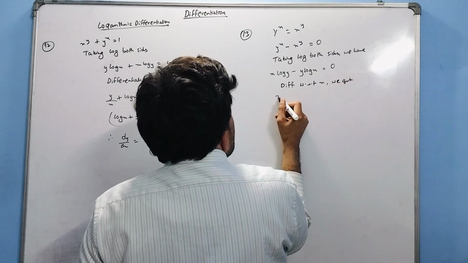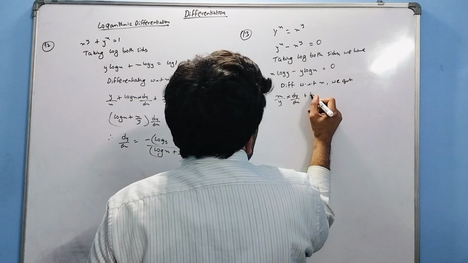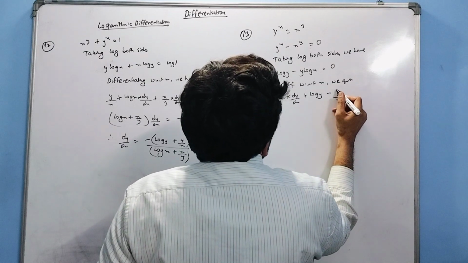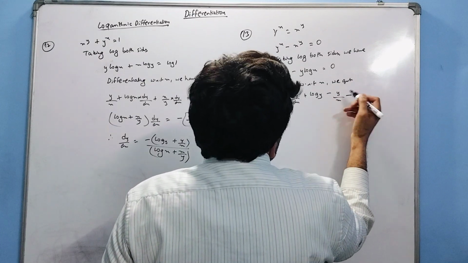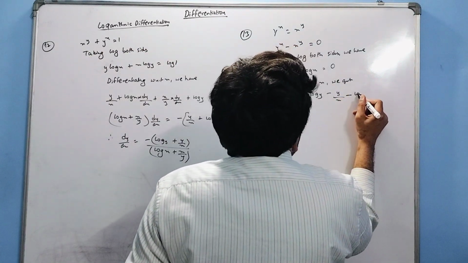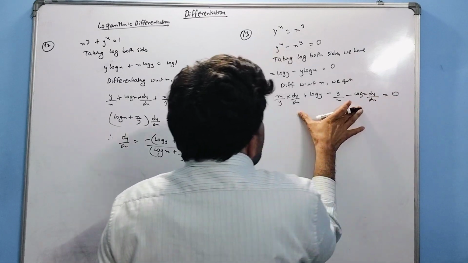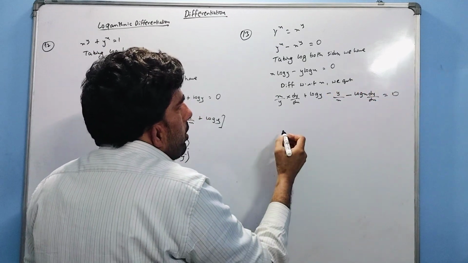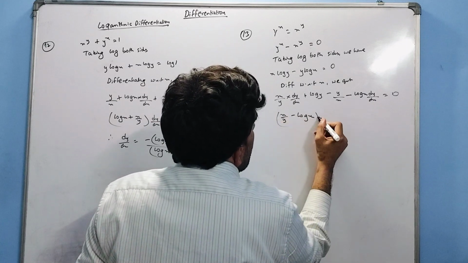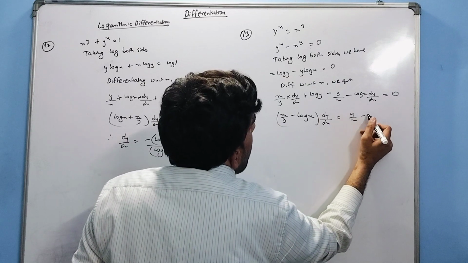We get x upon y into dy upon dx plus log y, minus y upon x, because we will take the minus sign inside, so minus log x into dy upon dx is equal to 0. Take this side and that side, so we'll have x upon y minus log x, dy upon dx, equal to y upon x minus log y.